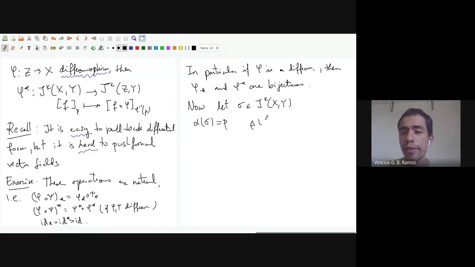Well, first we know that sigma has a source and a target. So it's based at some point P, and it has an image Q. Okay, this is well defined.